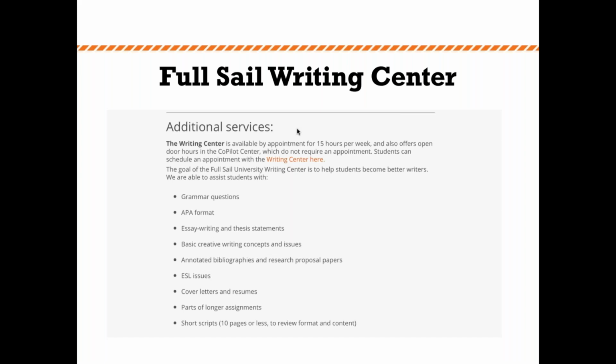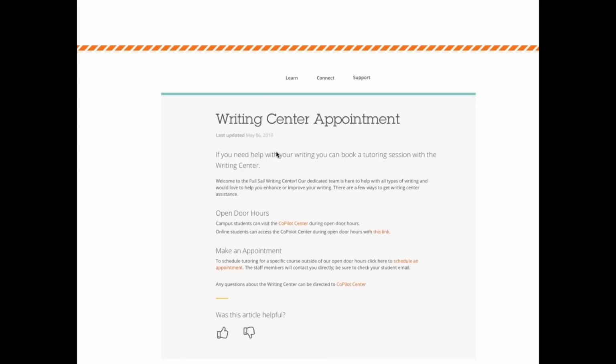But it is by appointment, and you can make your appointment through Full Sail One. Look up the Full Sail Writing Center, and that'll take you to this information page where you can make the appointments that you need. And once you click Writing Center here, this is the appointment mechanism.